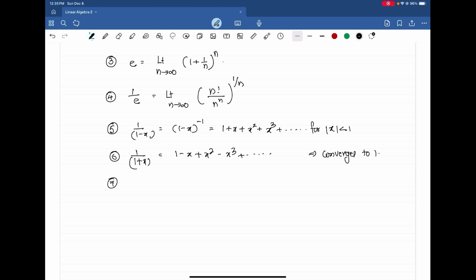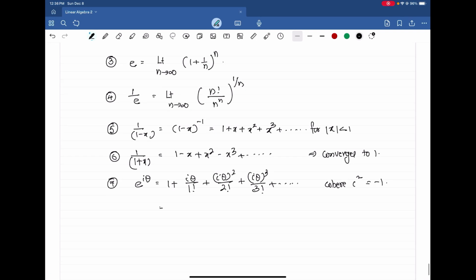Then, next series from complex analysis. e to the power of x we have written. Let x be i theta. Let it be e to the power of i theta. What it will be then? 1 plus i theta by 1 factorial plus i theta whole square by 2 factorial plus i theta whole cube by 3 factorial plus and so on. i is nothing but where i square is equal to minus 1.